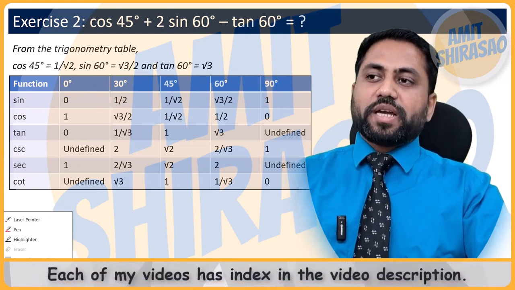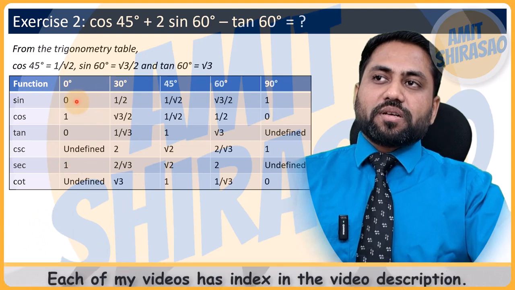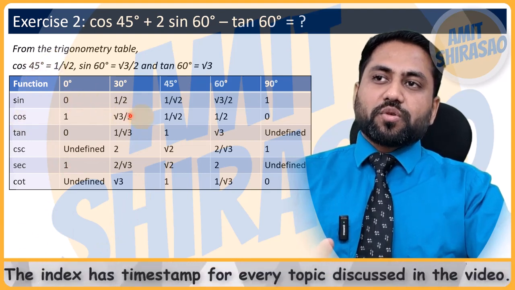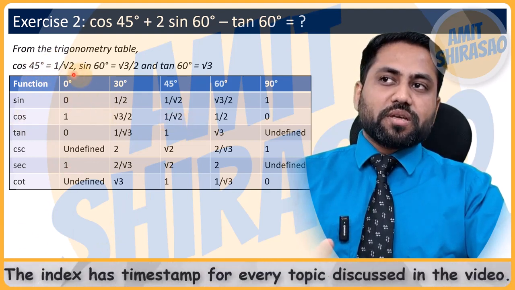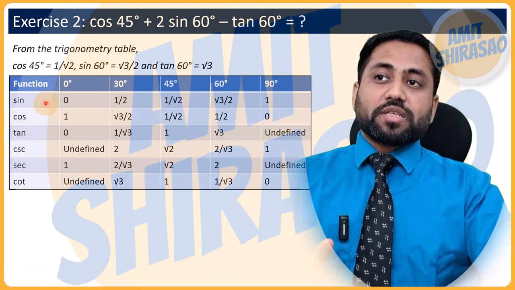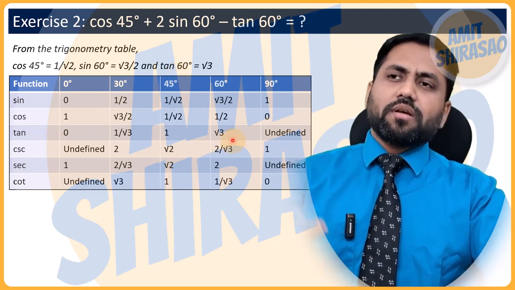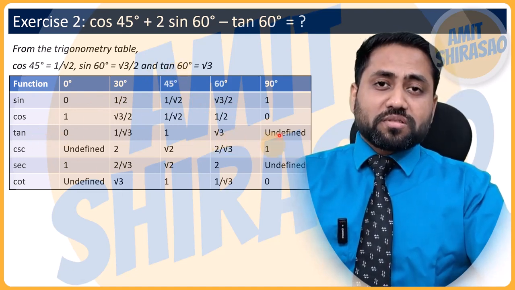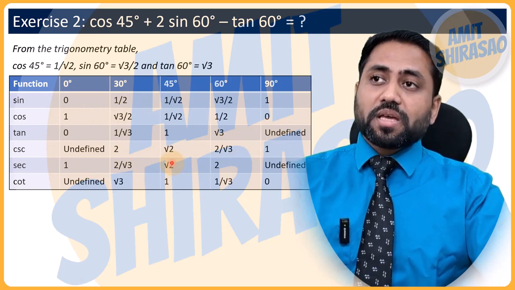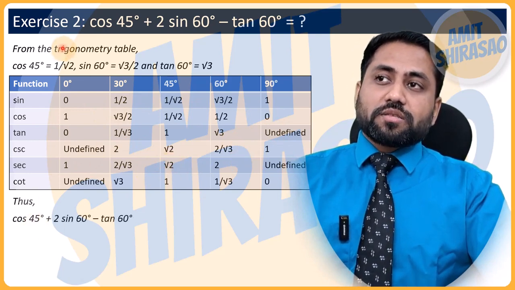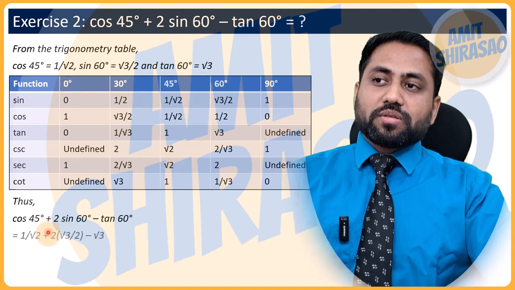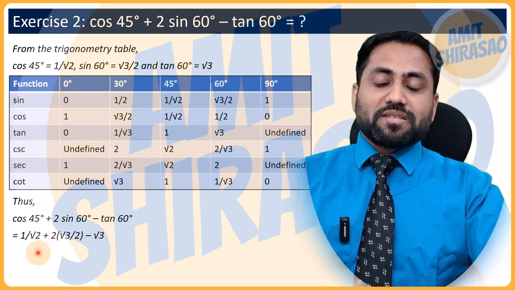Once you do that, you know that cos 45 degrees is what? It is 1 by root 2. Sine 60 degrees is what? Sine 60 degrees is root 3 by 2. Tan 60 degrees is what? Tan 60 degrees is root 3. You know it because you have drawn this table already. Then you just put these values in, and then this is basic algebra.